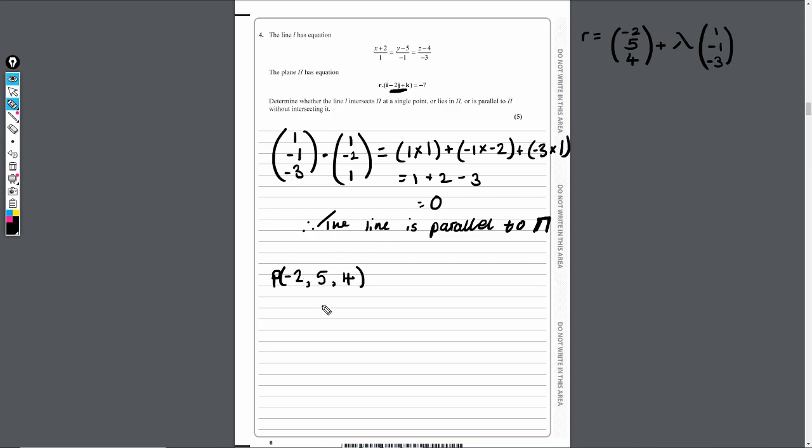Again, use this point now. If we use our plane here, substituting this point in, what we should get, if it does lie on the plane, is minus 7. If it doesn't, then it doesn't lie on the plane. So, subbing this in now, I'm going to get 1 times minus 2, minus 2 times 5, and then 4 times 1. So if we do that, subbing into the plane now.